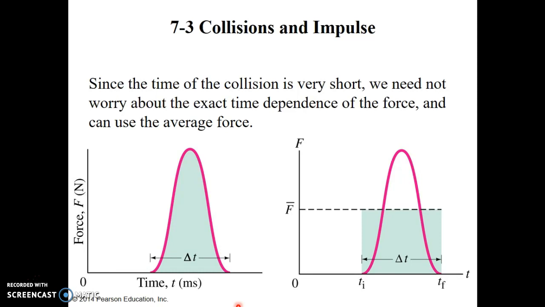What we can do instead is use average force and the change in time between the initial impact and the final point of the collision. So if we take that area, force times change in time, then that will be a very good approximation of the area under the curve, very good approximation of what the impulse is.